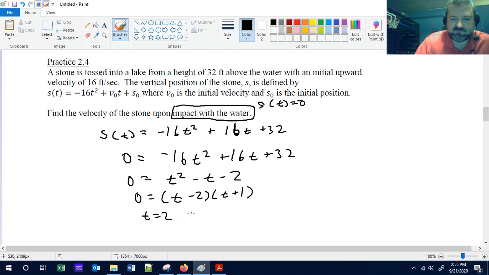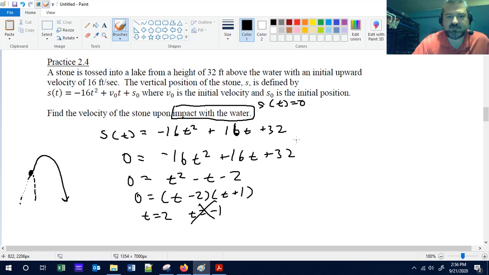So I get t equals 2 and t equals negative 1. Well, clearly we're not interested in backwards in time. See, the problem is we're throwing the pebble from a height of 32 feet up here already, right? And so it's going to go up a little bit more and then come down. So this negative 1 time is saying, based on this parabola, what's backwards in time. So we don't want that one.